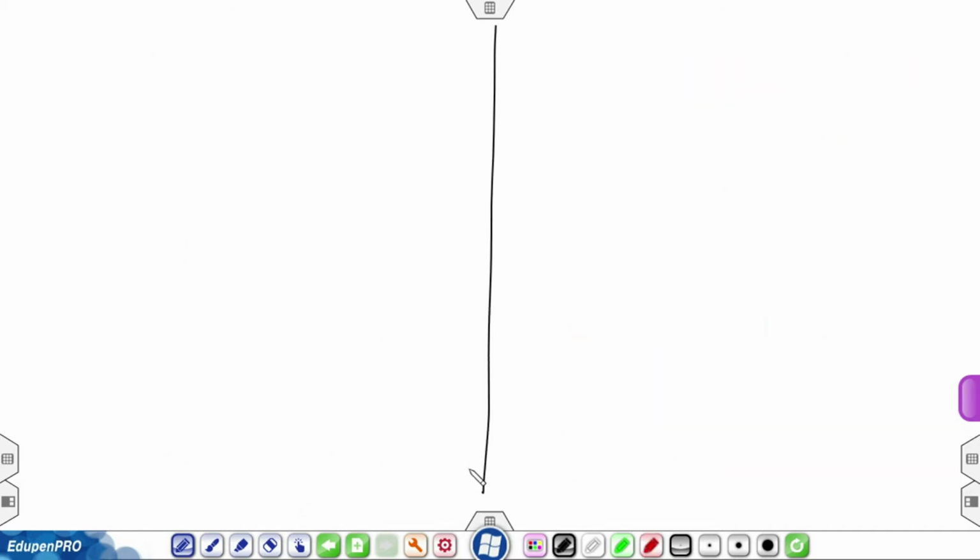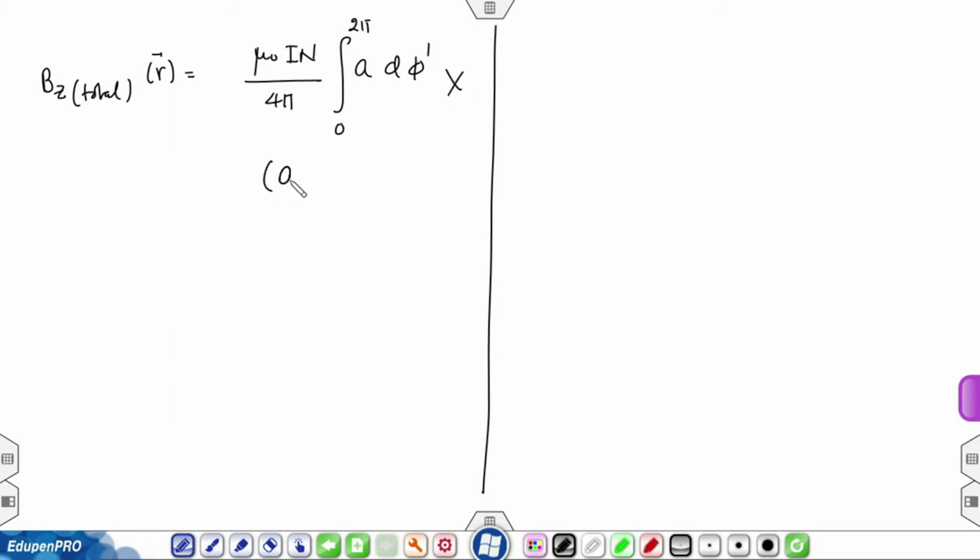And therefore, I get B z total at R vector is equal to mu naught I n over 4 pi integration 0 to 2 pi a d phi prime times a minus s cosine phi prime divided by s square plus a square minus 2 a s cosine phi prime, and there is a factor of 2 also here somewhere.